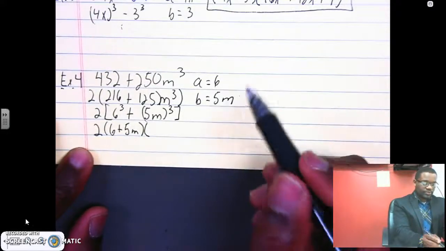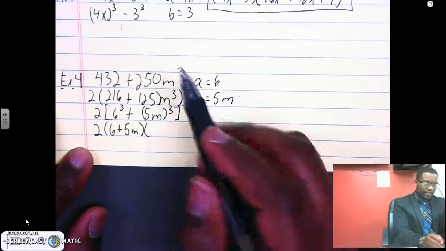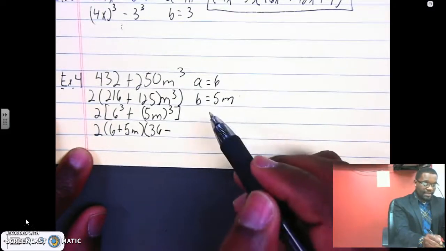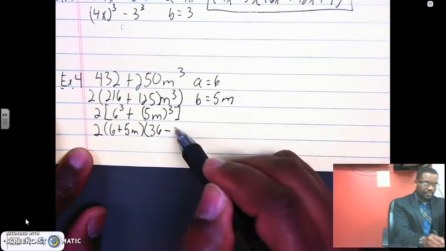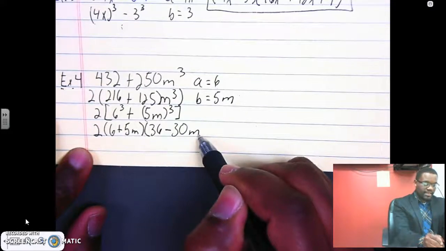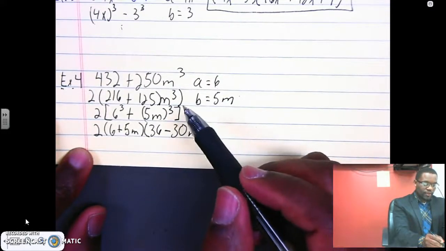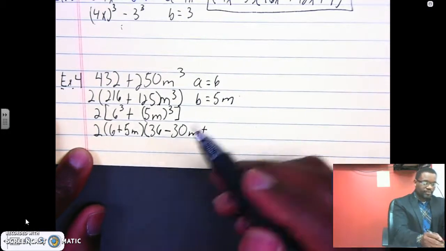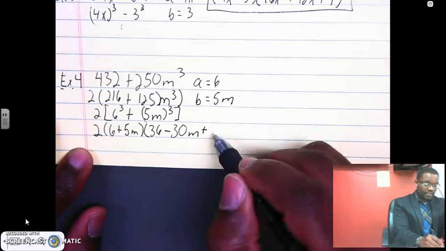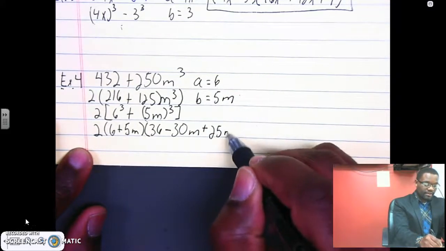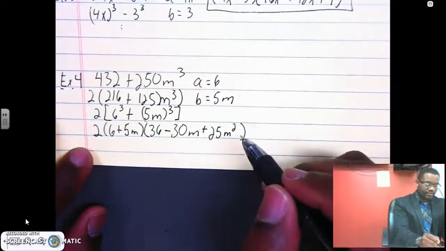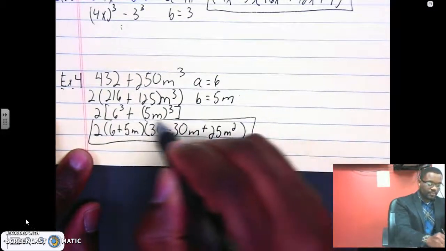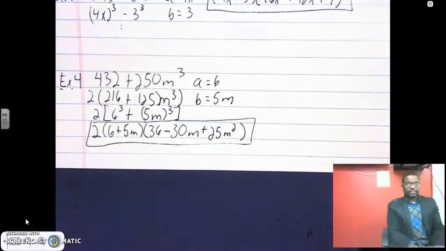Then it says do A squared, which is 36, minus AB, which is 6 times 5m, which is 30m. Then it says do B squared, and that's a plus B squared, and B squared is 25m squared. That's your answer.